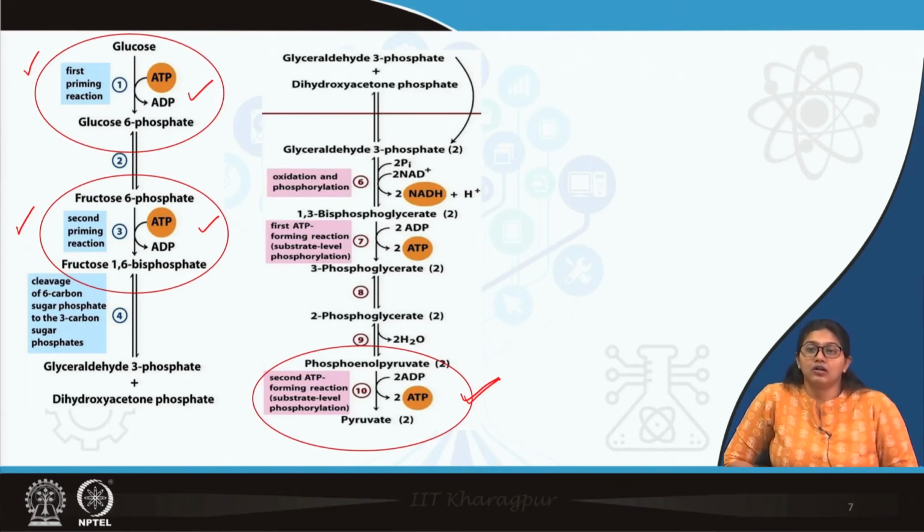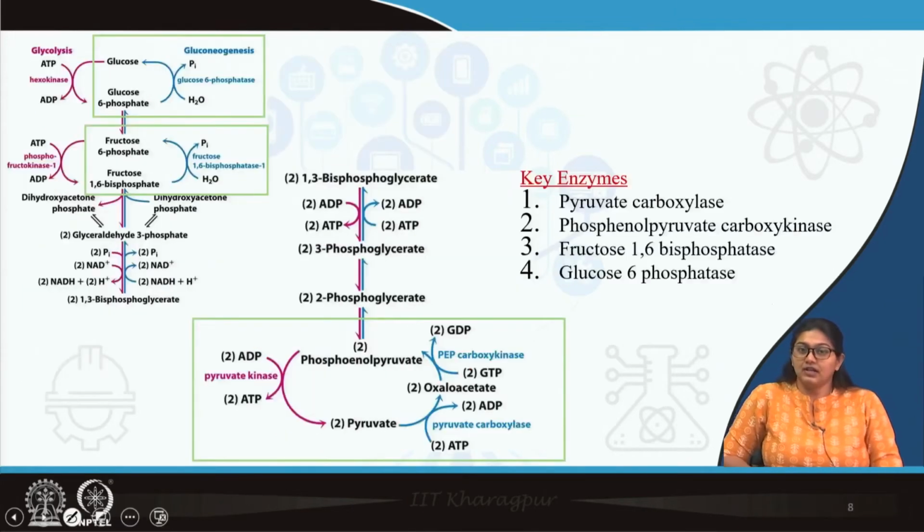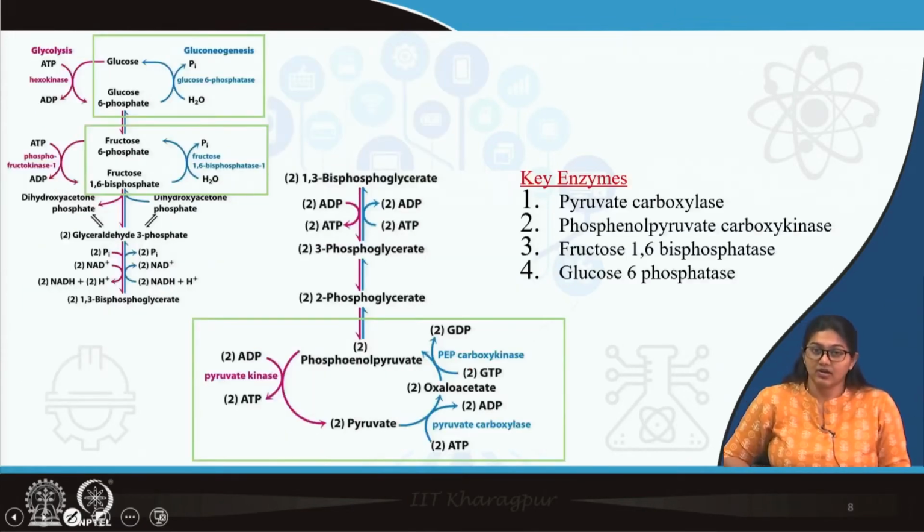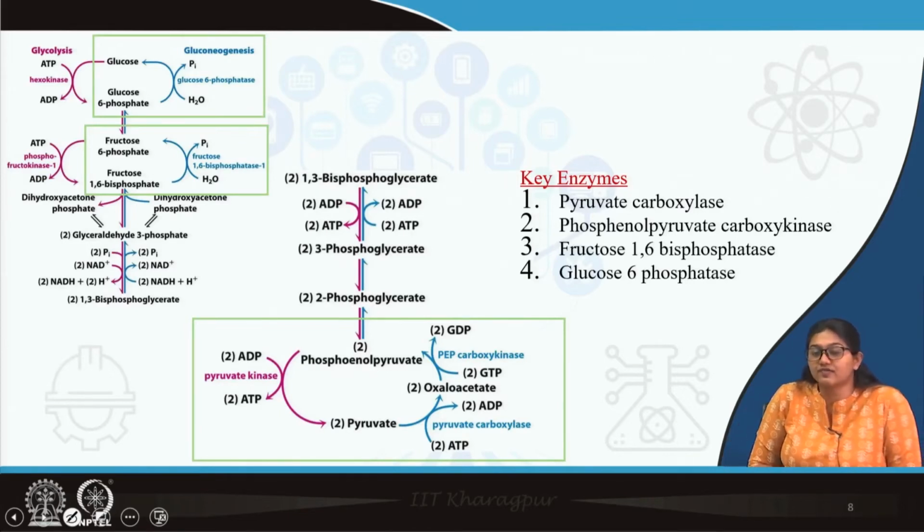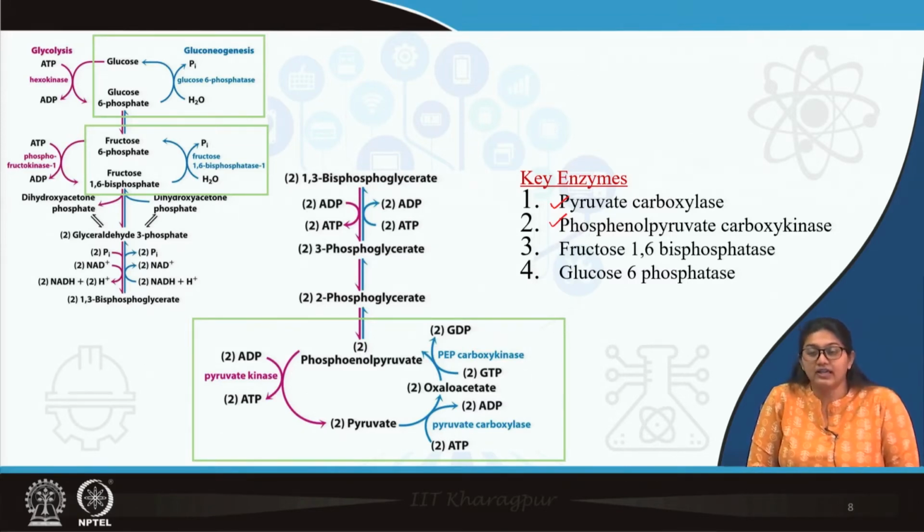Now, what are the different enzymes for these 3 steps in neoglucogenesis? For formation of phosphoenol pyruvate from pyruvate, 2 enzymes are utilized. One is pyruvate carboxylase, another is phosphoenol pyruvate carboxykinase. So, basically formation of phosphoenol pyruvate from pyruvate is a 2-step reaction.